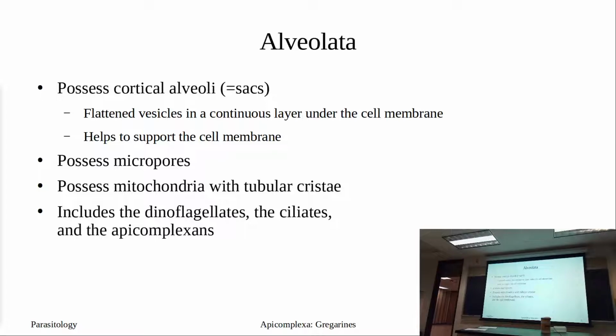And this group includes the dinoflagellates, the ciliates, and the Apicomplexa. So the alveolata is a really large group. That's our introduction to the alveolata. We're going to focus on the Apicomplexa.